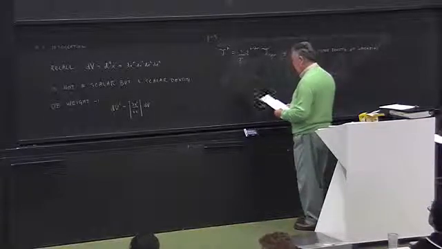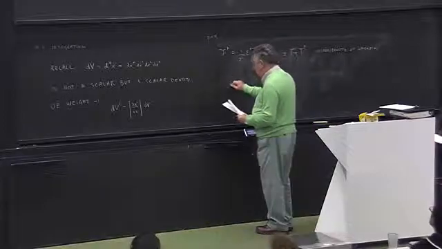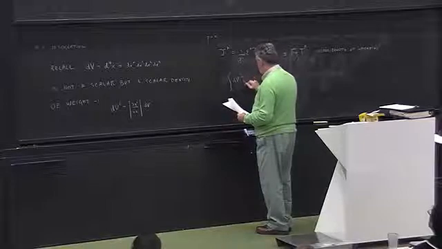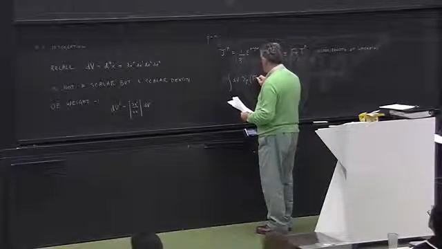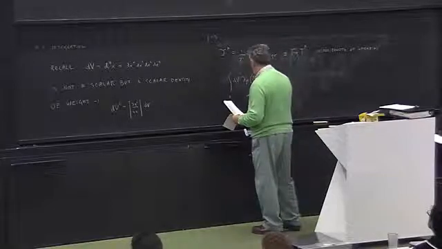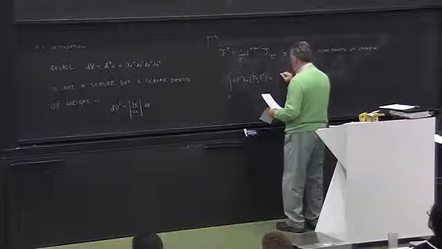Then the integral dv d mu root minus g t mu equals the integral.